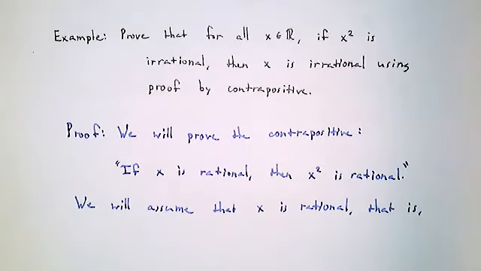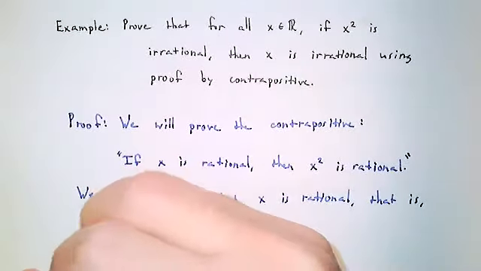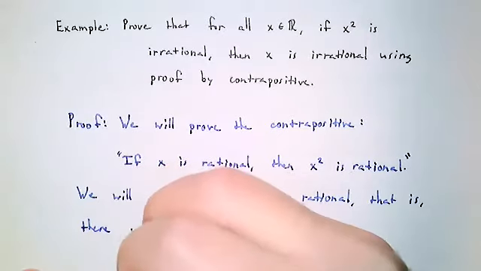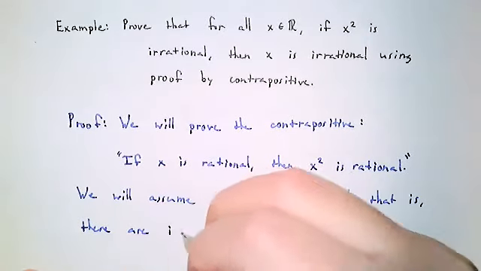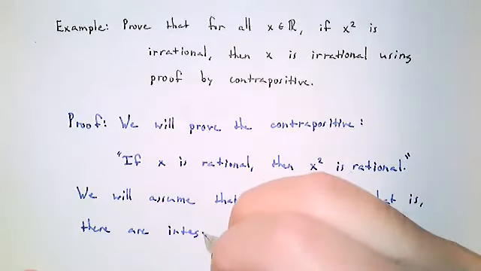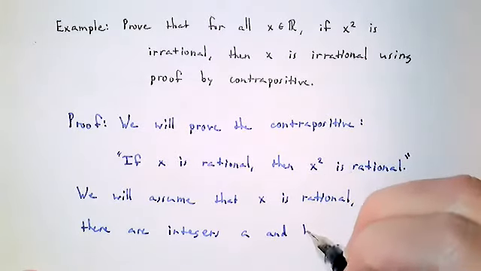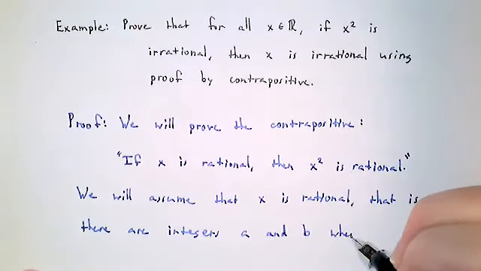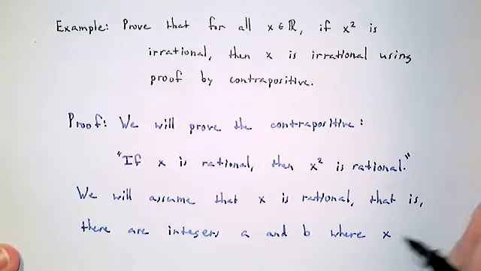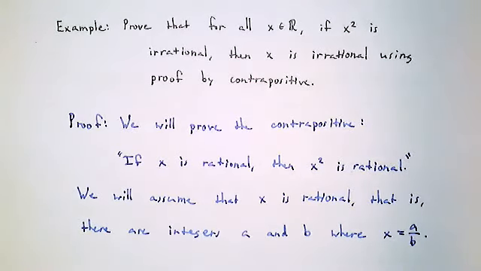Fractions, right. We're assuming that x is a fraction. So that means there are integers, a and b, where x is equal to the fraction a over b.